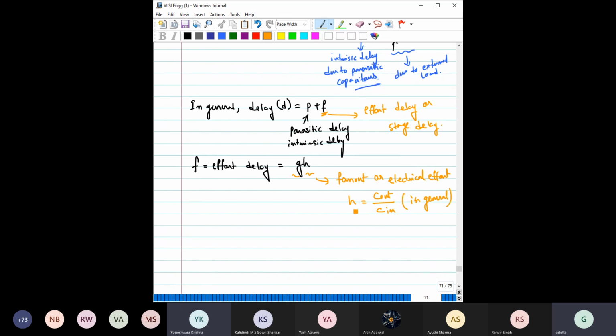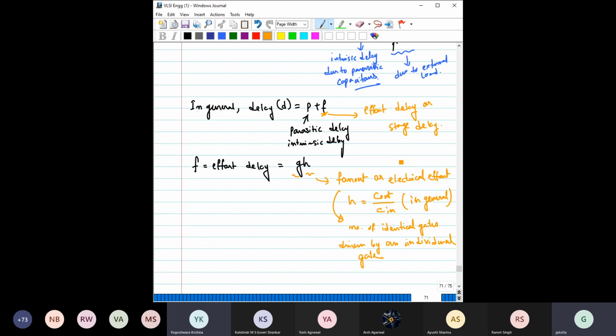So H basically is C out by C in, or in other words we can define it as the number of identical gates driven by an individual gate.